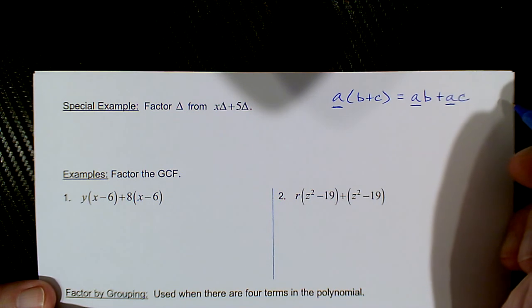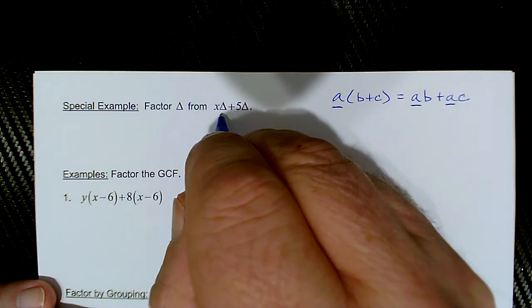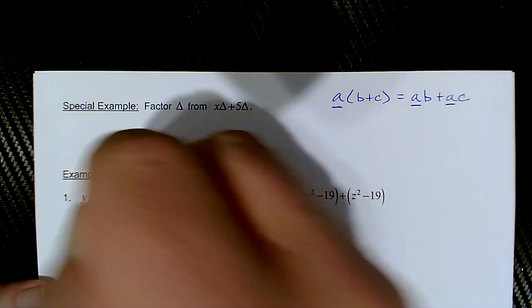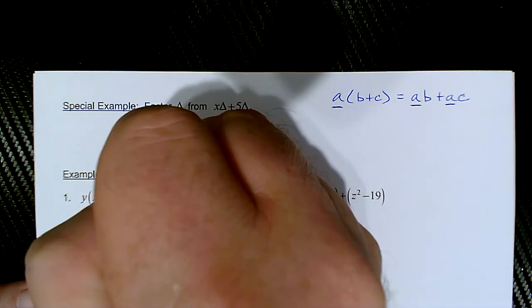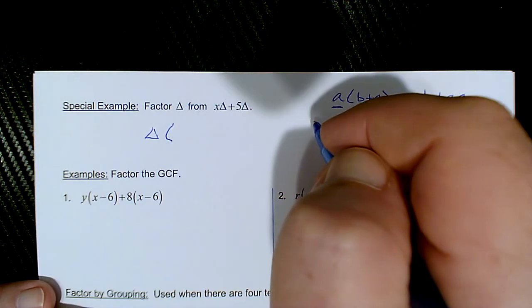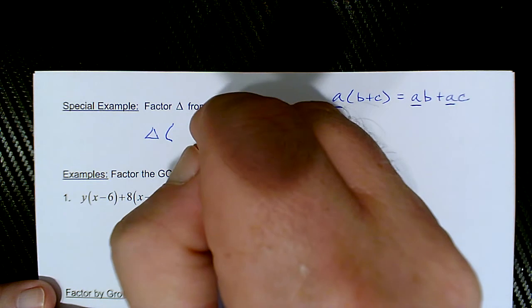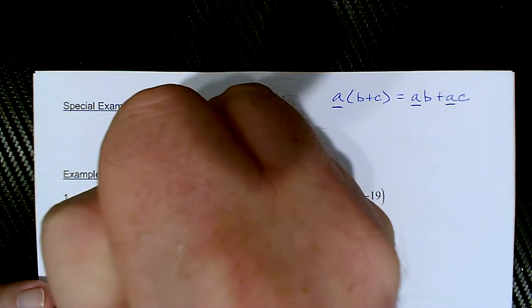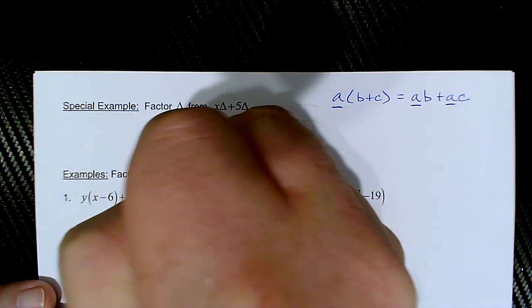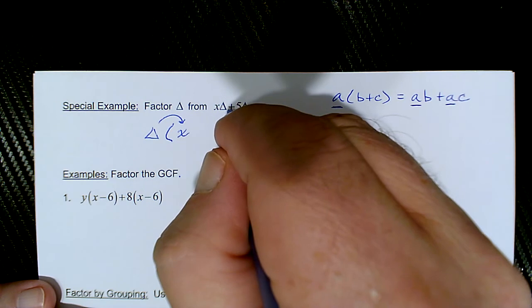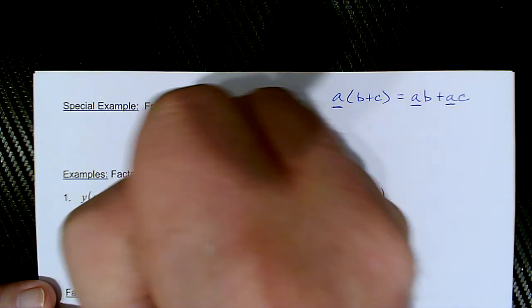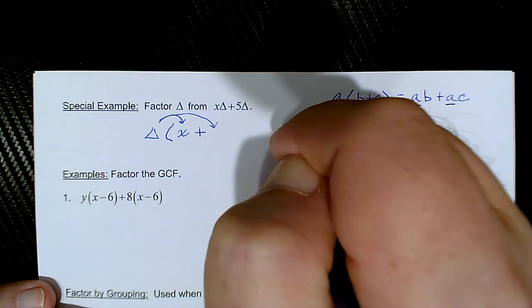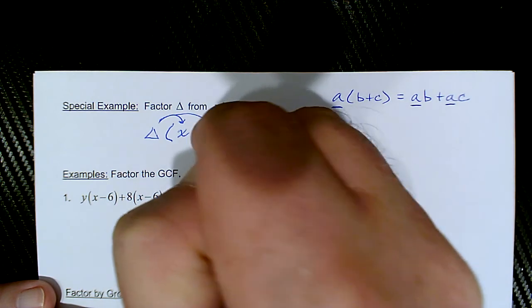Well, here the common factor is triangle. So if I pull out a triangle, as a binomial, to get x triangle, triangle times x would give me x triangle, and then plus triangle times 5 would give me 5 triangle.